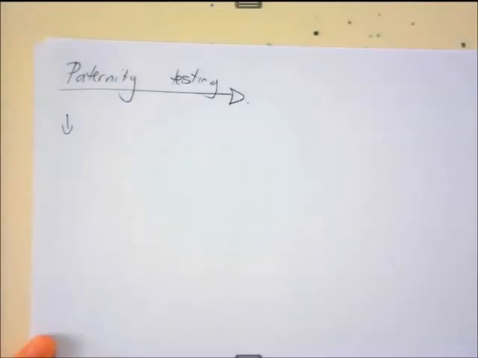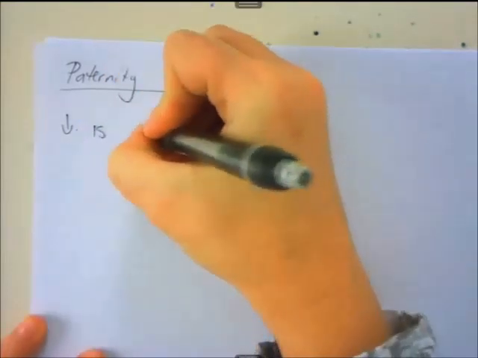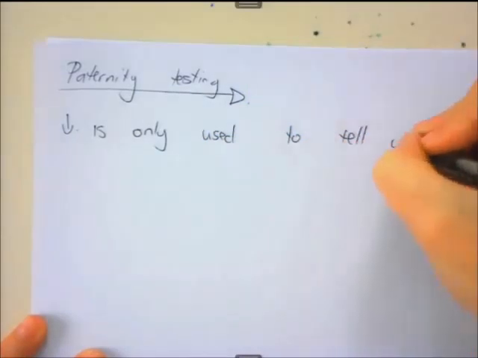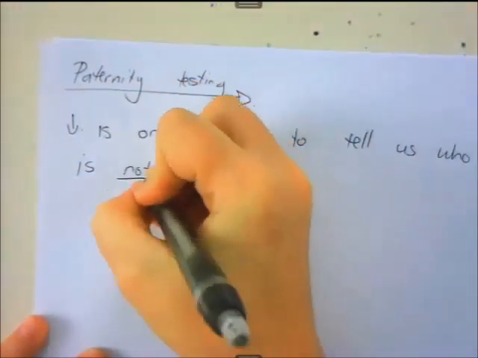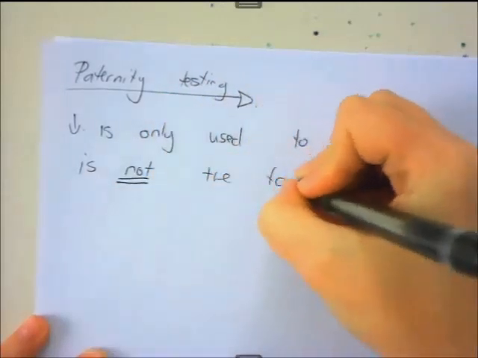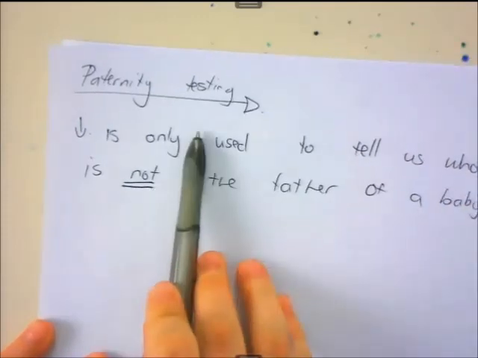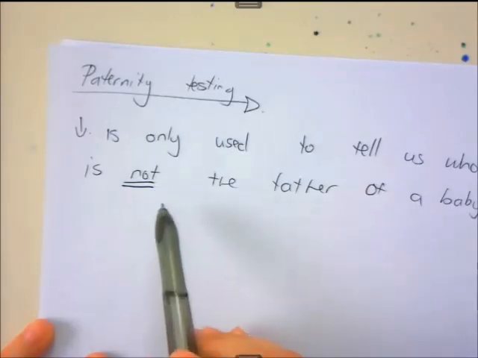From the beginning, what we need to know is that paternity testing is only used to tell us who is not the father of a baby. Paternity testing on its own is not conclusive in proving who is the father.